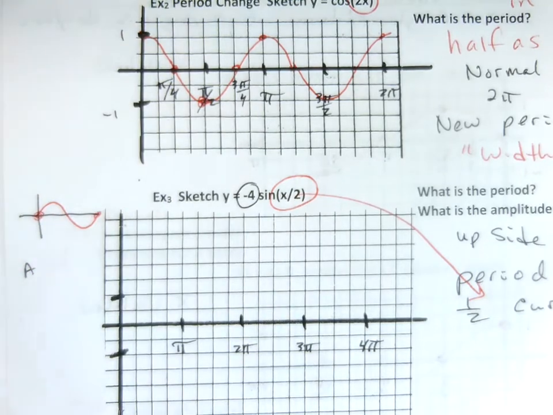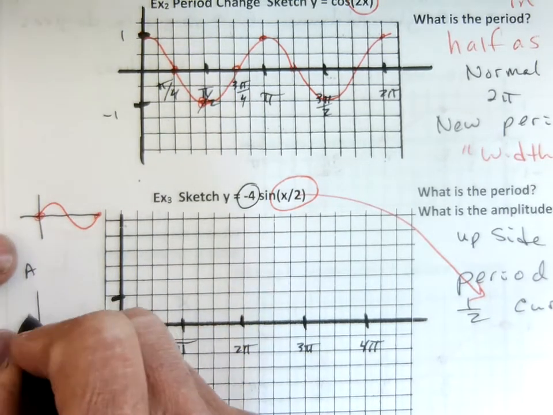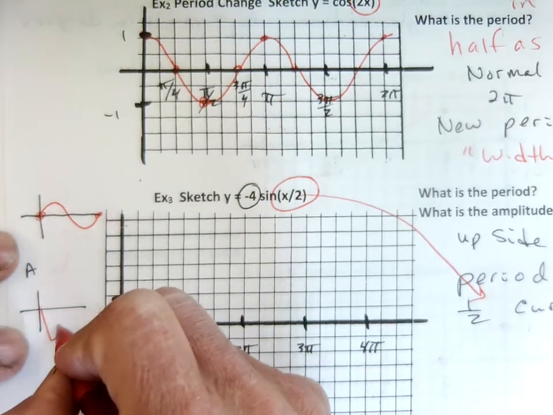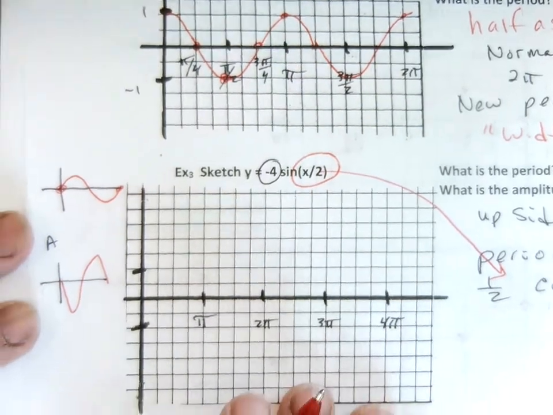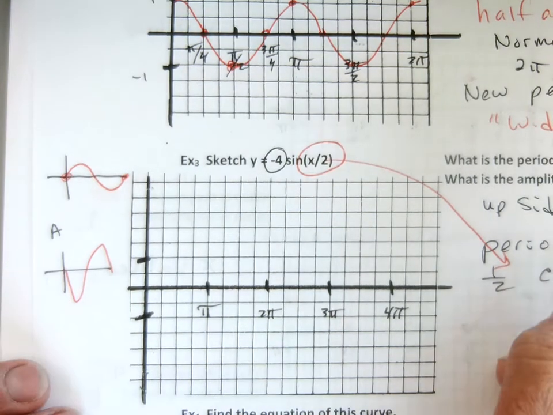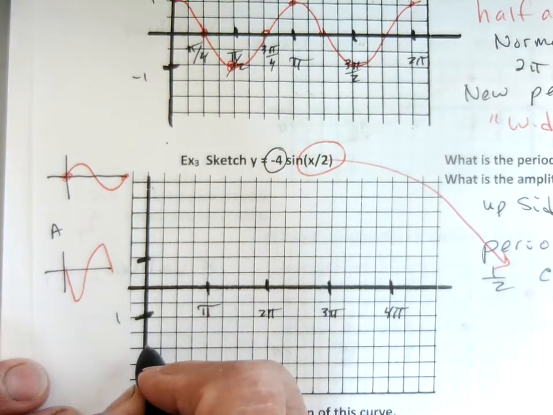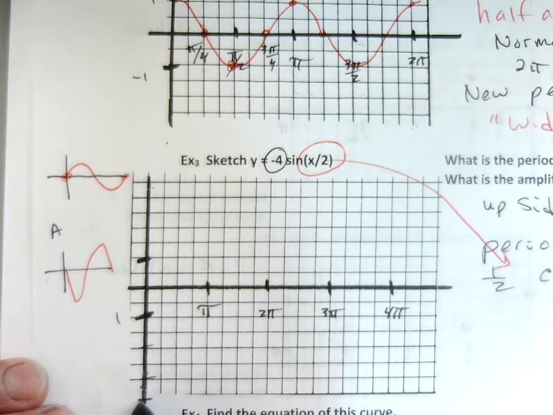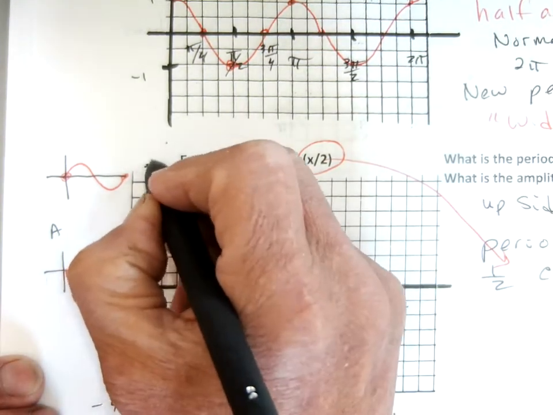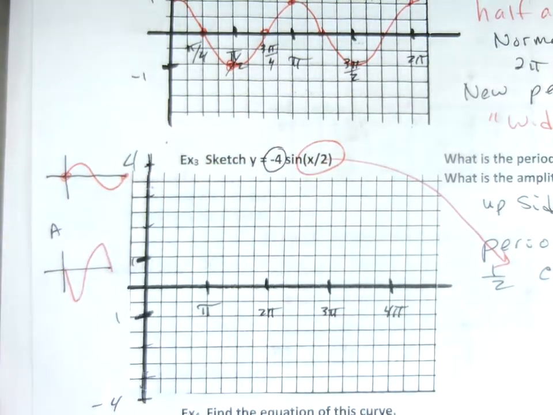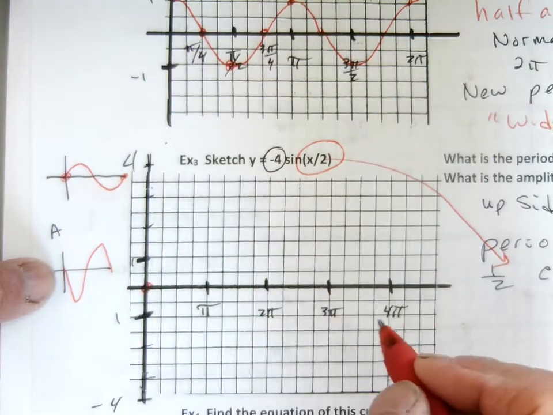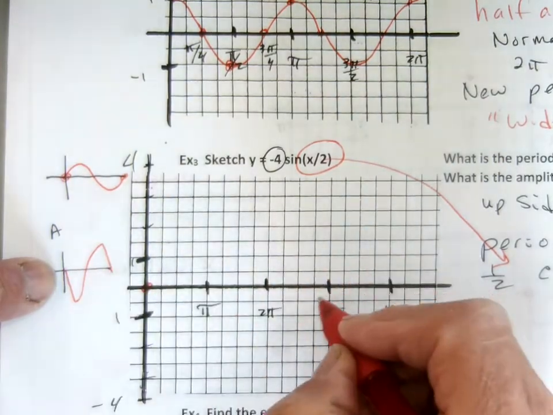Now this thing's going to be upside down, so I'm just going to draw a slick old picture of it. I know it's going to look like this. It's going to look something like that, but let's put it in the right places, okay? So I'm going to go all the way down to -4 because of this. So 1, 2, 3, -4, 1, 2, 3, 4, okay? Sine starts at 0 and ends at 0, okay?